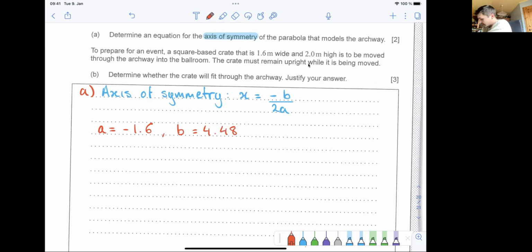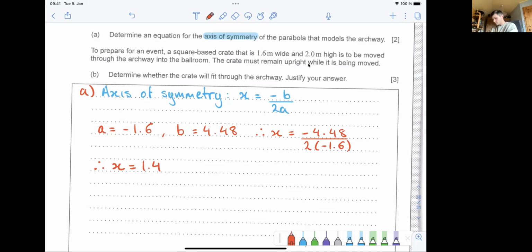Therefore, the axis of symmetry is x is equal to negative 4.48 over 2 times negative 1.6, which is 4.48 divided by 3.2, or negative 4.48 divided by negative 3.2, same thing. And that comes to 1.4. So x is equal to 1.4 is the axis of symmetry.